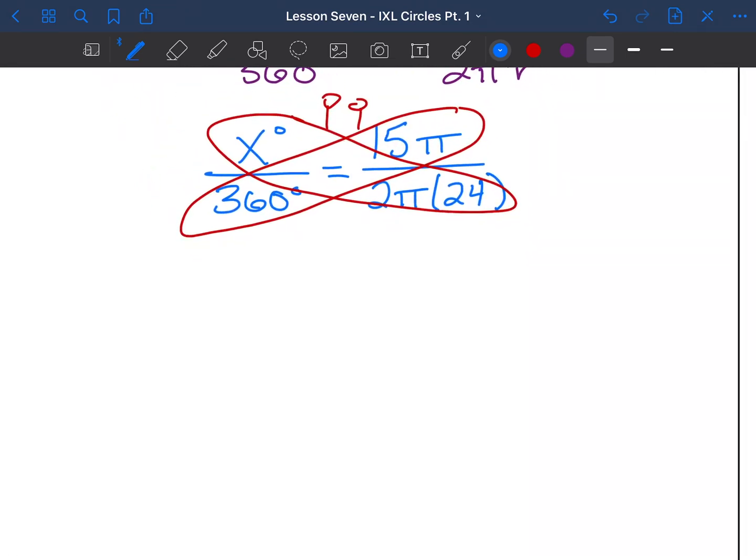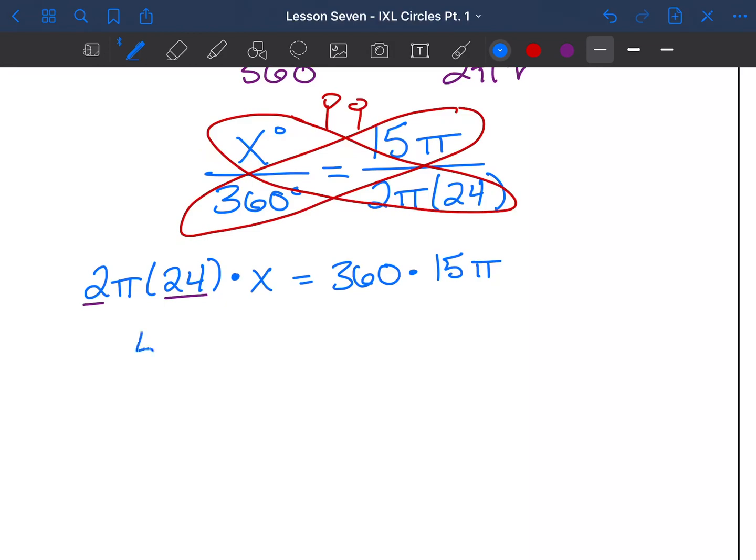So I'm gonna have, as you can see, 2 pi times 24 times x equals 360 times 15 pi. Again, looks messy, but we can clean it up. Multiply the numbers, set aside the x and the pi.